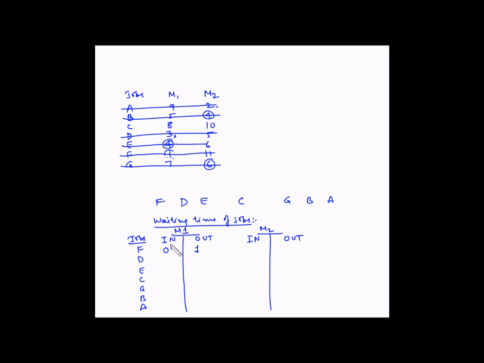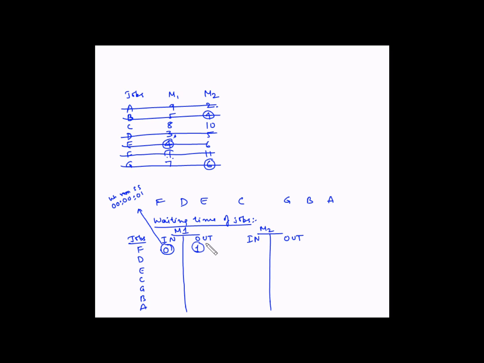So what this 0 means is that in terms of a watch, suppose we are starting at 000001. So this 00 is hours, then minutes, and then seconds.